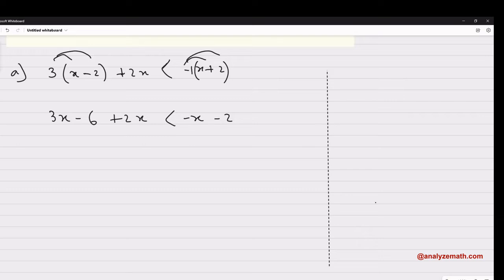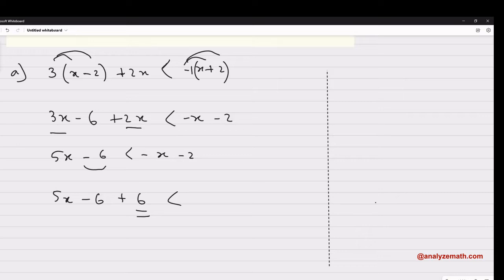The next step is to simplify on each side, to group like terms. So I have 3x plus 2x, that gives me 5x minus 6, less than negative x minus 2. And now what we need to do is to put all the x's on one side, the numbers on the other side. So for negative 6, I need a plus 6 to make it equal to 0.